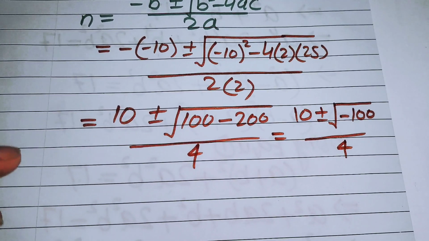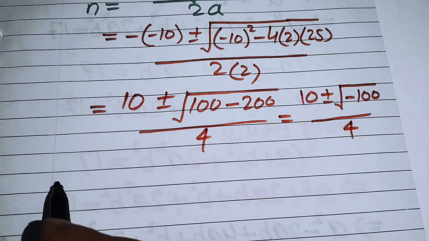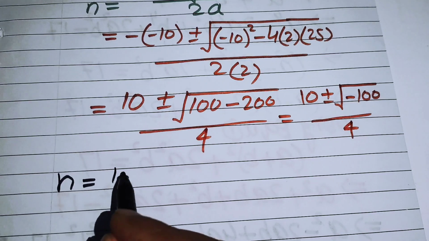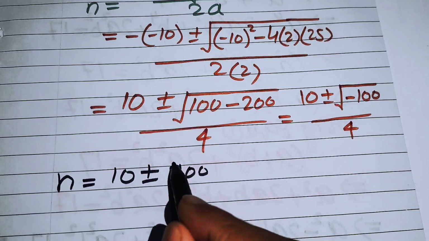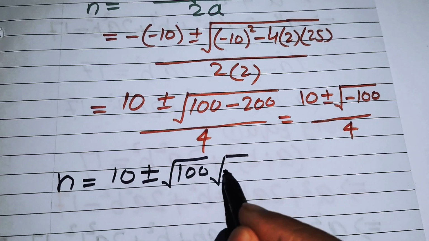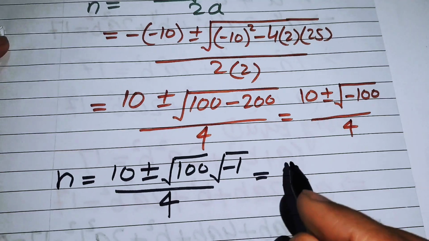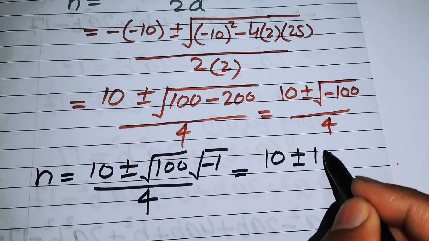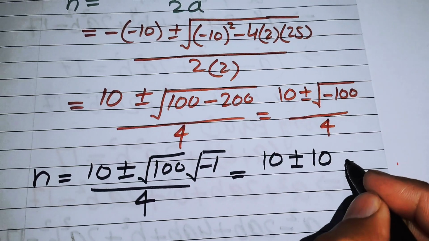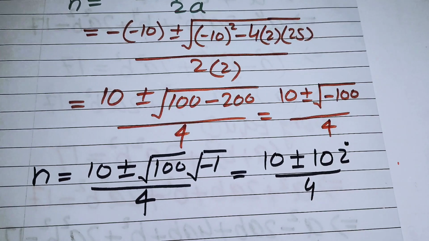So here we separate the square root of the negative term and 100, and you get n equals 10 plus minus square root of 100 and square root of minus 1, and this whole over 4. Here you know that the square root of 100 equals 10, and the square root of minus 1 equals iota, and this whole over 4.